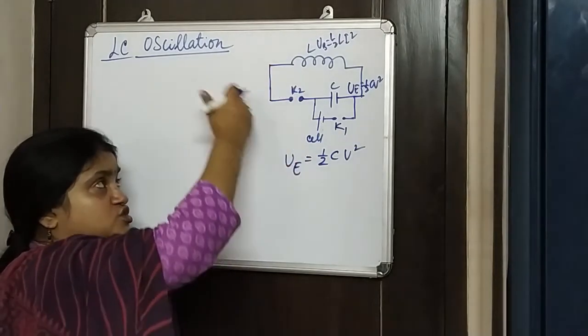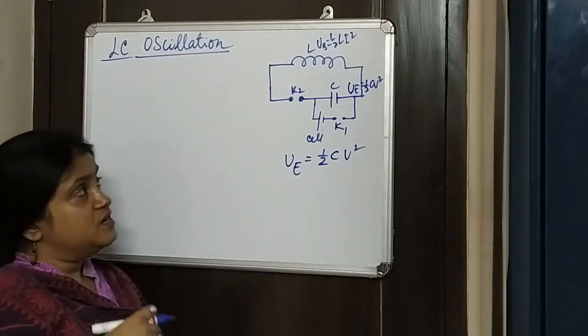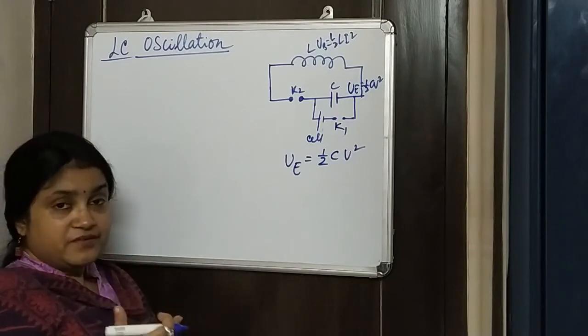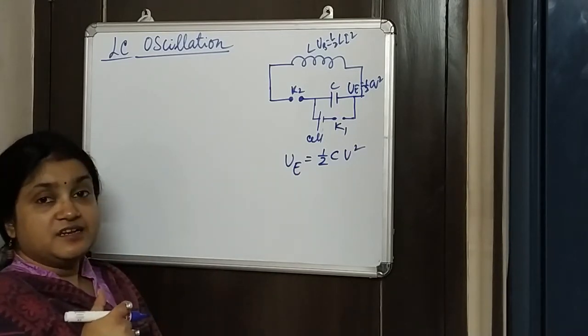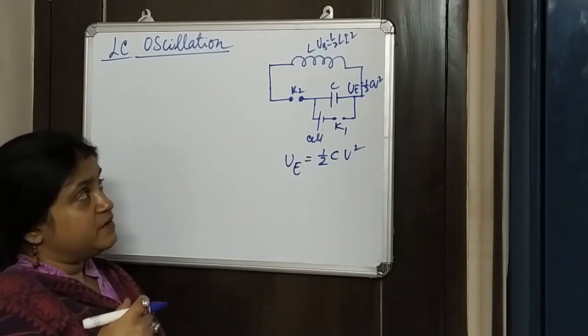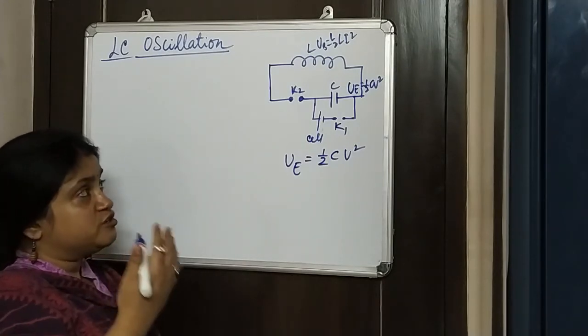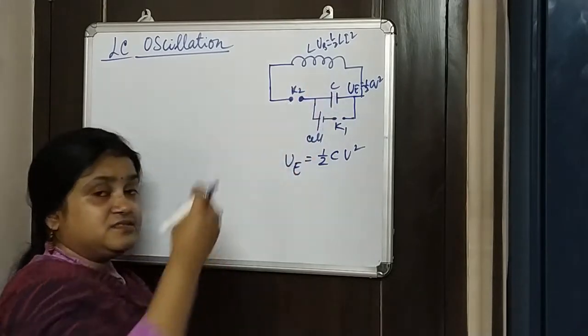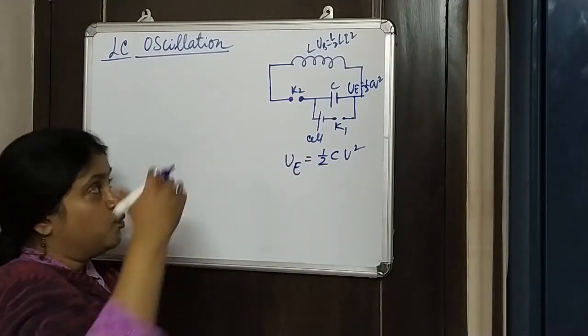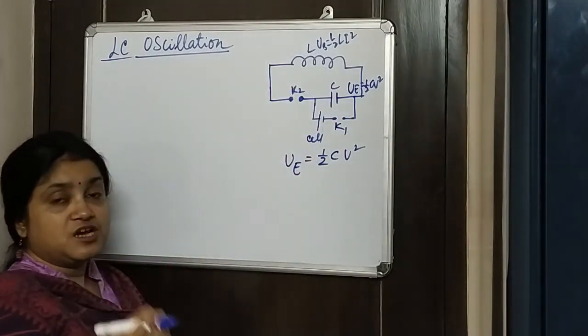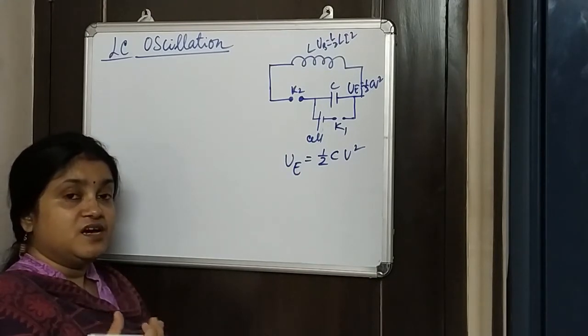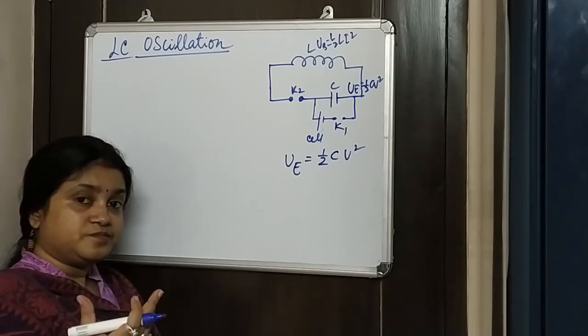This energy would start to flow and there is an EMF produced in the inductor. This EMF would in turn produce the magnetic flux, and slowly the capacitor would discharge, whereas the inductor would start to generate a magnetic field or magnetic flux around it.